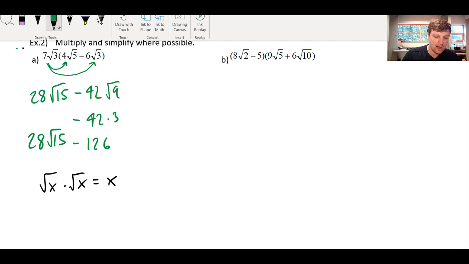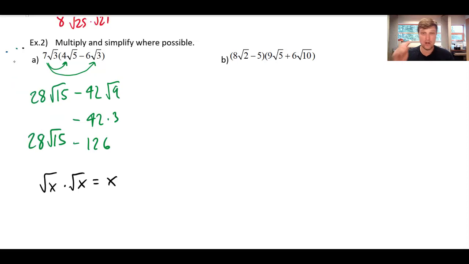Okay, so if I have now two sets of binomials, it's a little bit like our expansion from when we looked at quadratics, where we're going to FOIL it out. So we're going to multiply the first terms together and the last terms together, then the inside terms together, and then the outside terms together, and see what we get. So 8 root 2 times 9 root 5 is 72 root 10.